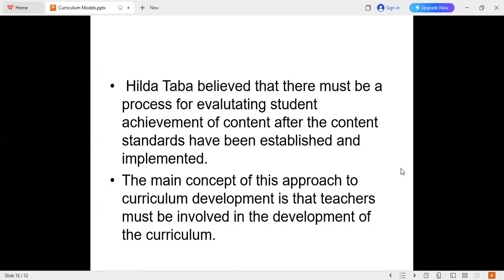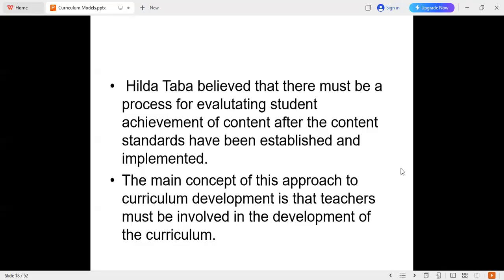What is the new point? In the previous model, the involving parties are not mentioned. Sometimes curriculum designers, managers, school senior management, they can develop a curriculum and give it to the teachers.